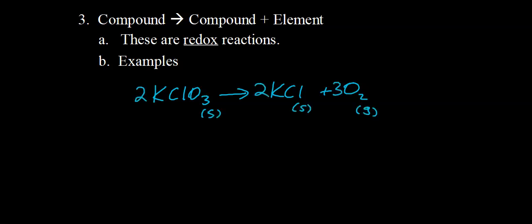Let's try another one, one you perhaps saw in Chem 1 as a demonstration. Decomposition of hydrogen peroxide. This is a reaction that can be catalyzed by the iodide ion.